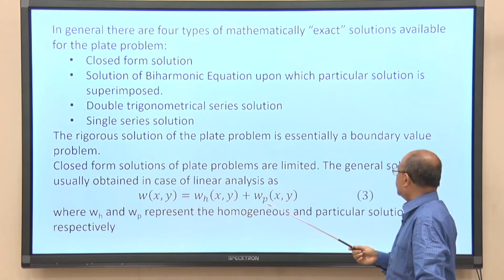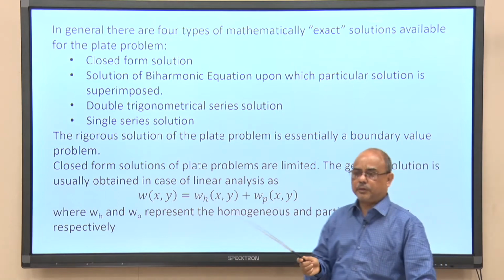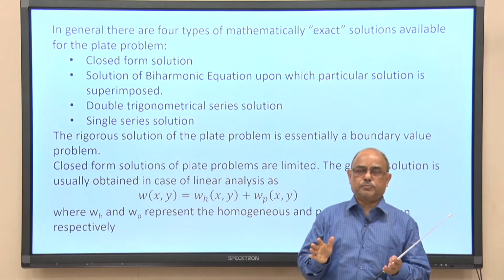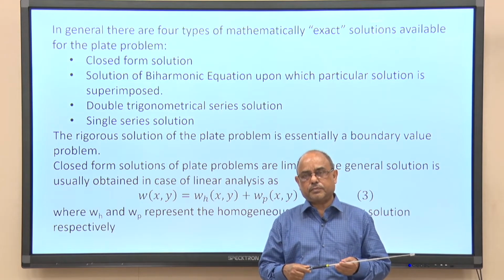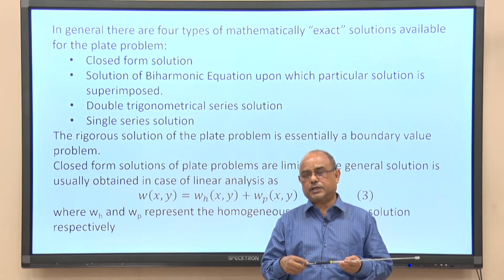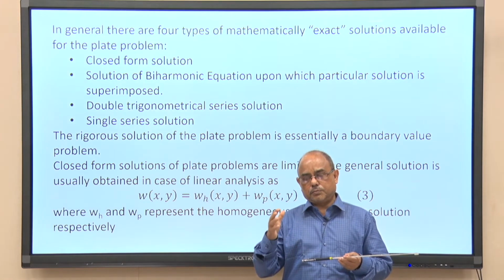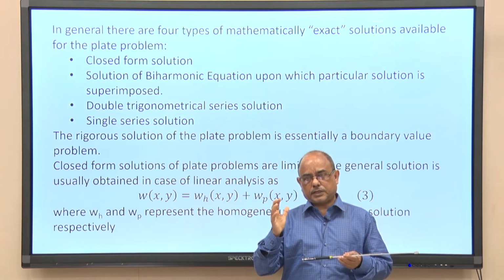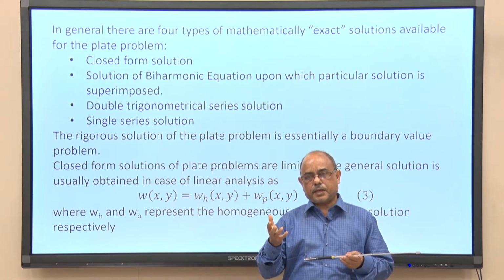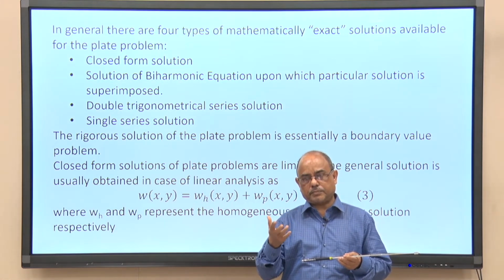The rigorous solution of the plate is essentially a boundary value problem, because boundary condition you have to impose. When you find the homogeneous solution of the biharmonic equation, then, because it is a fourth order equation, imposing the boundary condition at the two edges, you will get 4 constants or 4 equations that have to be solved simultaneously, and finding the constants of integration is a problem.